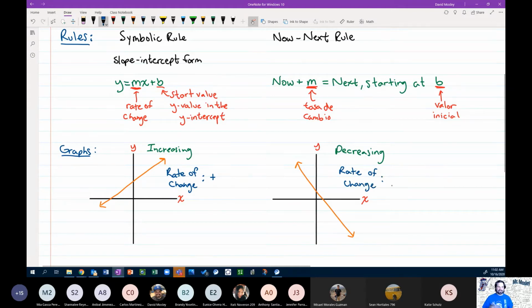For the other graph, when it's decreasing, the rate of change is negative. So if I just have a picture of the graph, I know if its rate of change will be positive or negative. Spanish in here too. Aumentando.